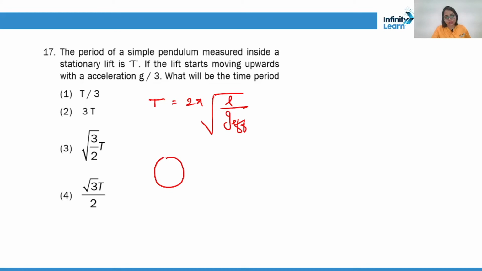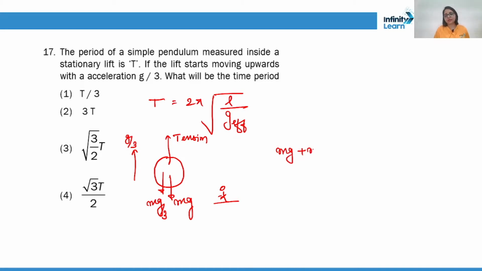So when you look at this bob of the pendulum from the lift, from a non-inertial frame of reference, it will experience tension in the upward direction, mg in the downward direction, and since the lift is moving upwards with an acceleration g by 3, it will experience one more force, a pseudo force mg by 3 in the downward direction according to the observer inside the lift. So total downward force is mg plus mg by 3, and this will act as the total apparent gravitational force according to this observer. So you can write it as mg effective.